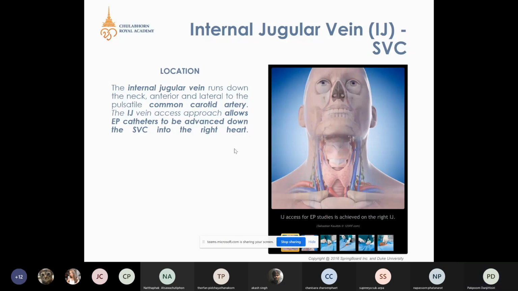But at present, the internal jugular vein approach is not that common because it's quite difficult to manipulate the catheter into the coronary sinus. So that's why the most common approach sites are just the femoral veins and the femoral artery.